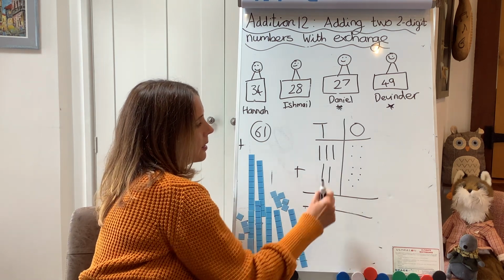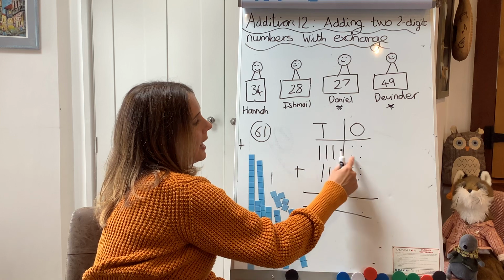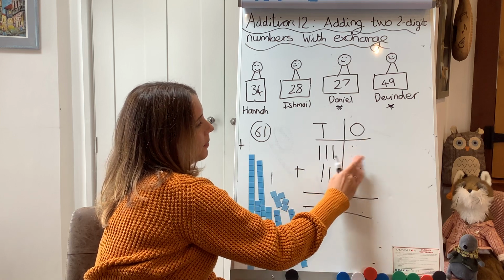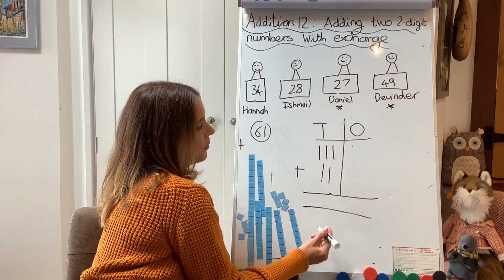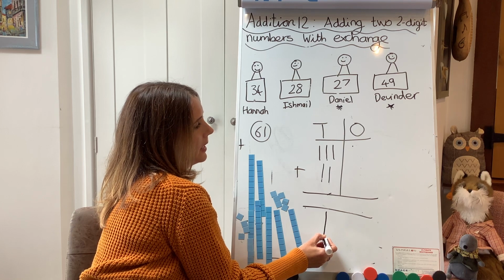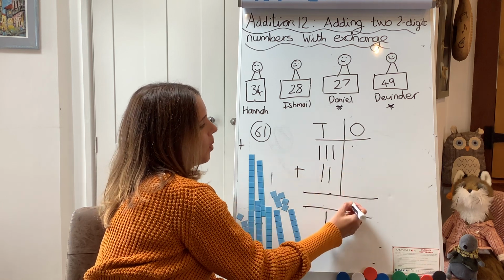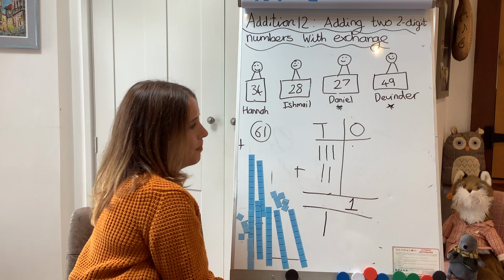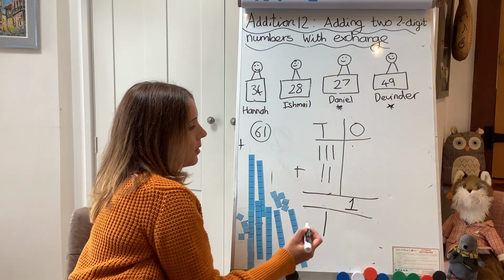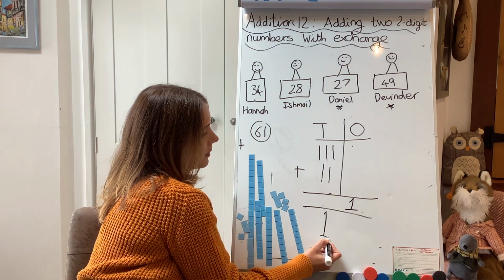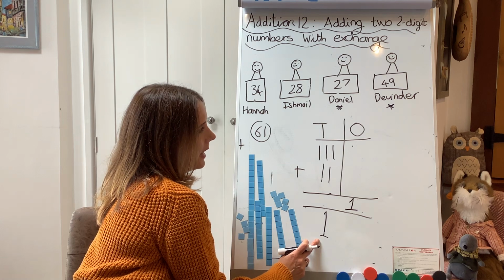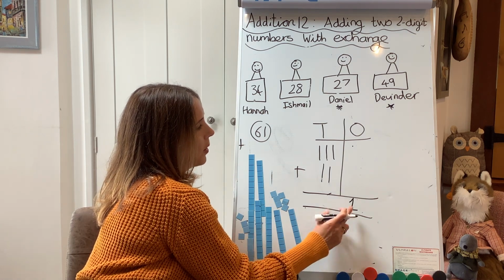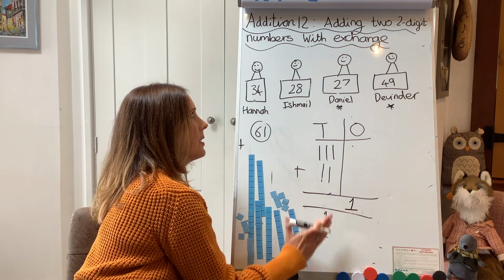Okay, I've got 7, 8, 9, 10, so that I'm going to exchange those for a 10, because I've made a 10 there, and I've got 1 left over, because it made 11. So, I've got 1 10 here, and I've got my 1, because it made 11 altogether, the 7 and the 4.